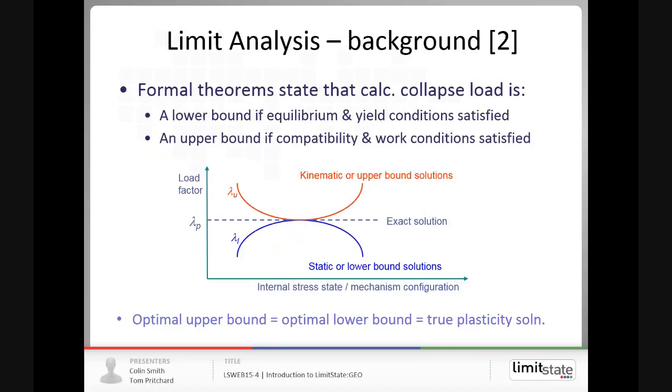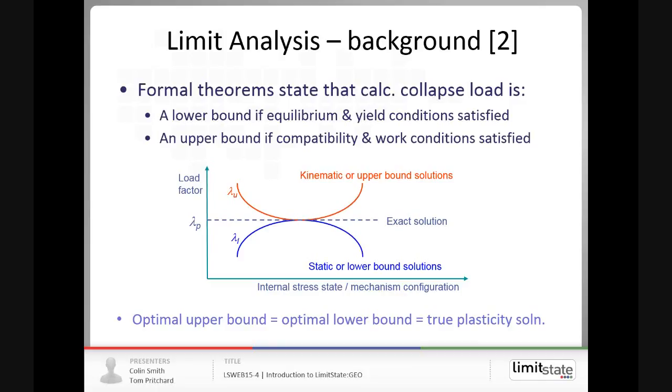Now, if you're familiar with limit analysis, there are some very nice theorems which are called the lower and upper bound theorems. That says that we can calculate a lower bound to a collapse load if we can find a solution that satisfies equilibrium and yield everywhere.